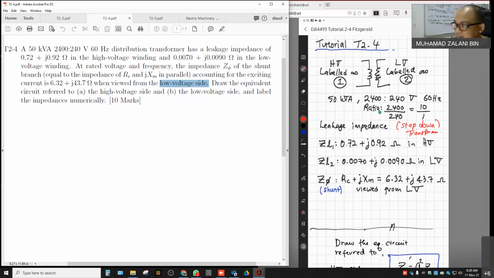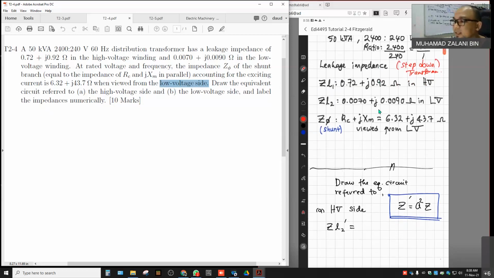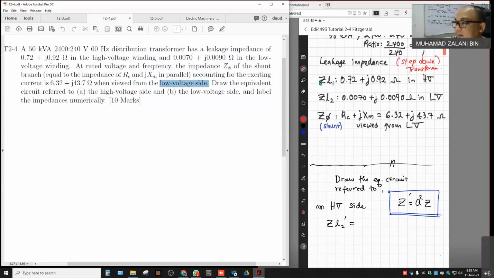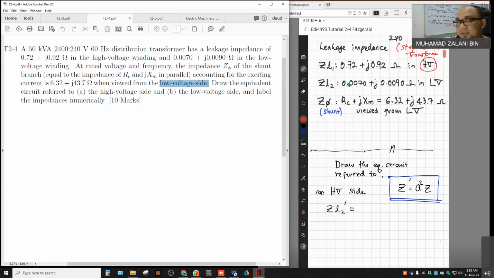Given the leakage impedances of this transformer: ZL1, the leakage impedance at the primary side, is 0.72 plus j0.92, at the high voltage side. The leakage impedance at the secondary side is 0.007 plus j0.009, in the low voltage side.